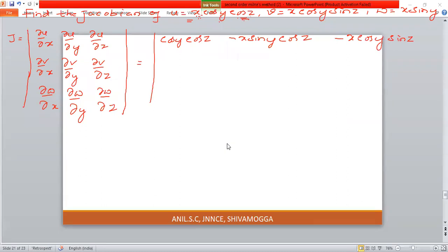Next, del v by del x. Differentiate this partially with respect to x, treating y and z as constants. The derivative will be cos y sin z. Del v by del y: x is constant, sin z is constant. It is minus x sin y sin z.